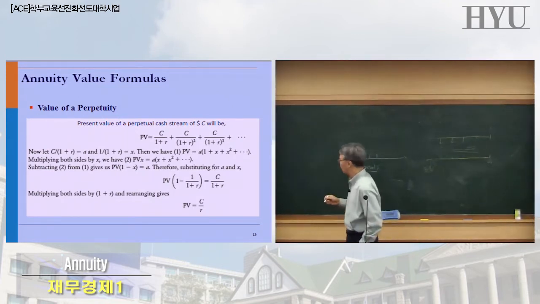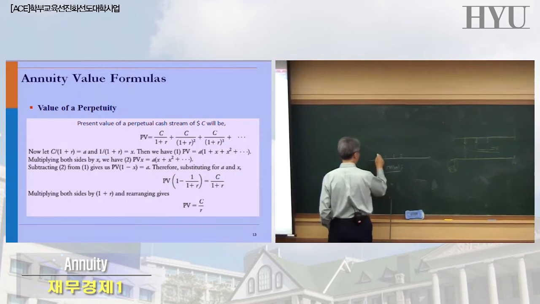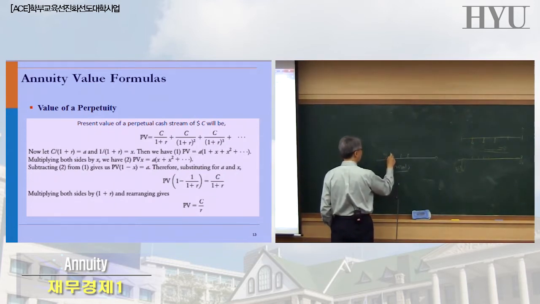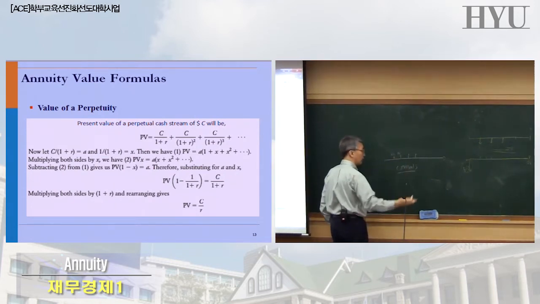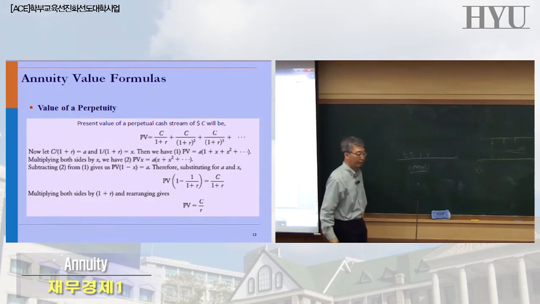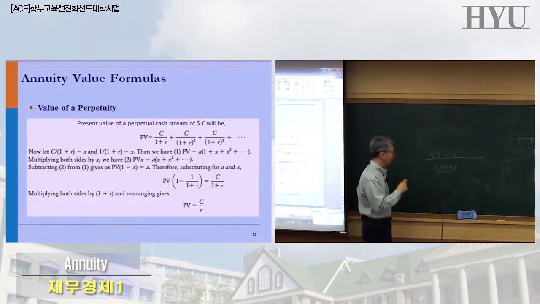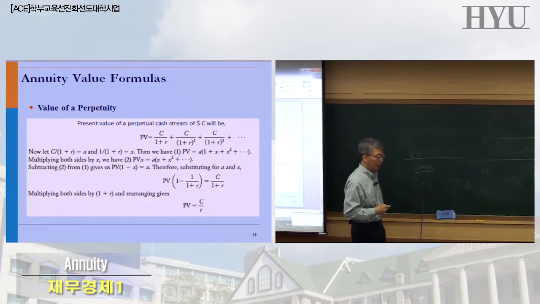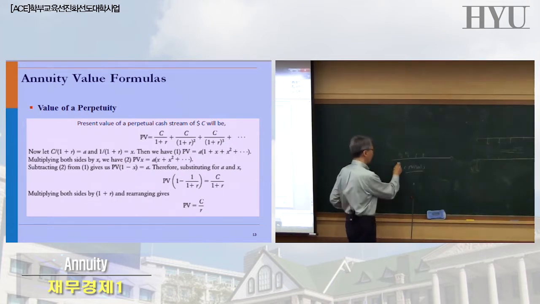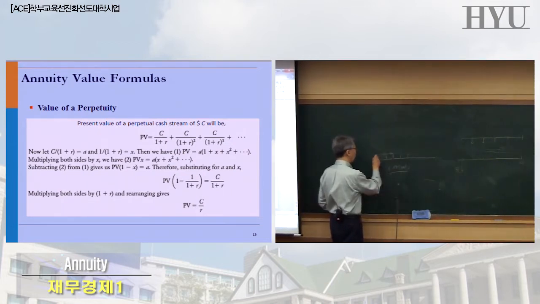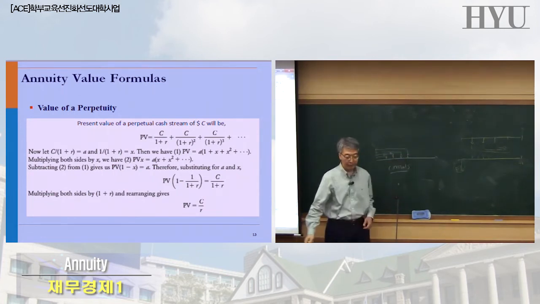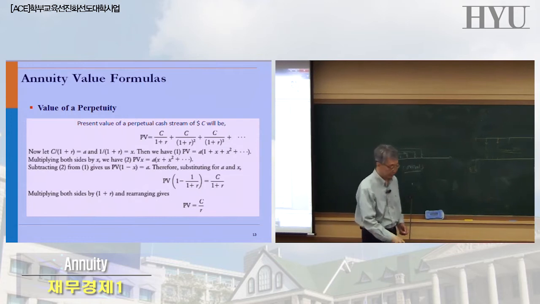If someone says, I'm going to pay you $10 every 6 months, forever, then how much should you be willing to lend to this person or this company? In order to make that decision, you have to discount all these cash flows. And that's what this is about.